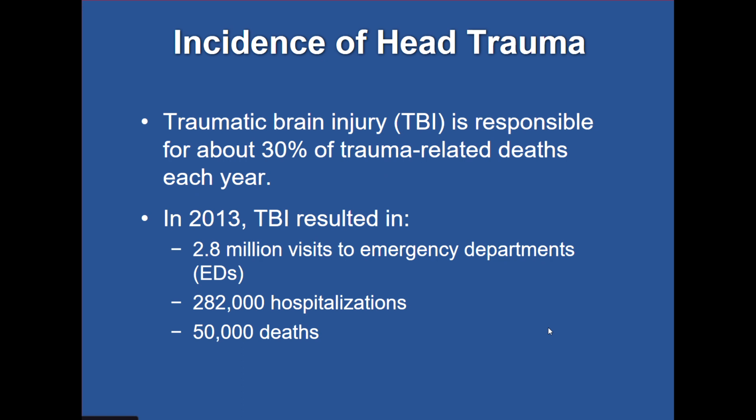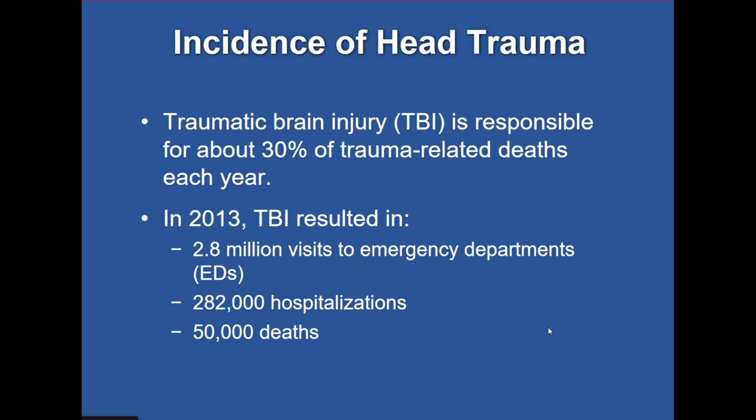To go along with the skull and the soft tissue injury that's out there, then we actually have brain injury. And TBI, otherwise known as traumatic brain injury, is pretty significant. So 30% of trauma deaths are related to TBI, and I think we talked about that. 25 to 30% of trauma deaths are associated with chest trauma.